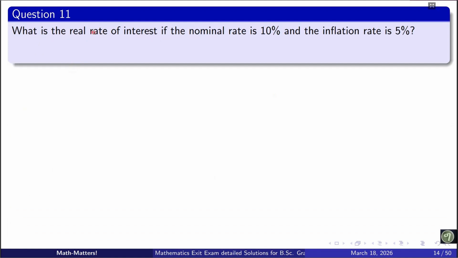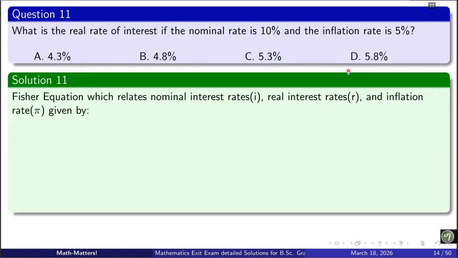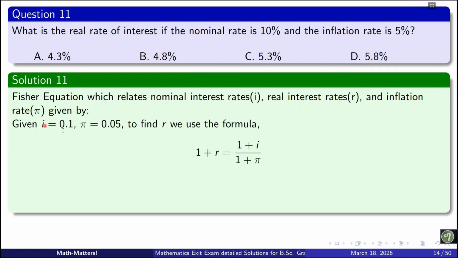Next, what is the real rate of interest if the nominal rate is 10% and the inflation rate is 5%? The alternatives are 4.3%, 4.8%, 5.3%, and 5.8%. So you think of the Fisher equation, which relates the nominal interest rate, symbolized by i, the real interest rate represented by r, and the inflation rate, pi.